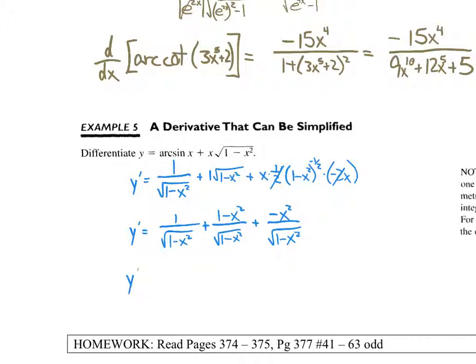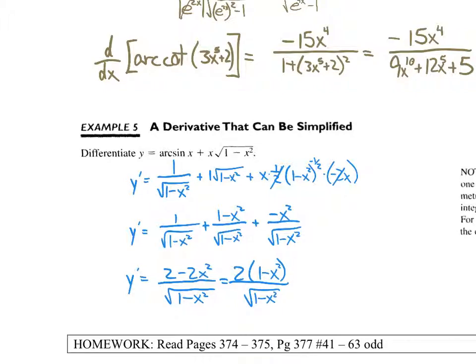So now this whole thing, y prime, is 2 minus 2x squared over the square root of 1 minus x squared. And if you really wanted to go further, factor out the 2 on the top, and a 1 minus x squared divided by a radical 1 minus x squared.